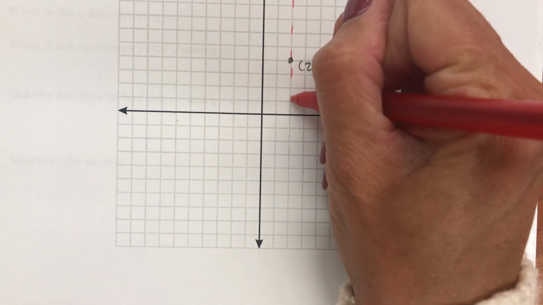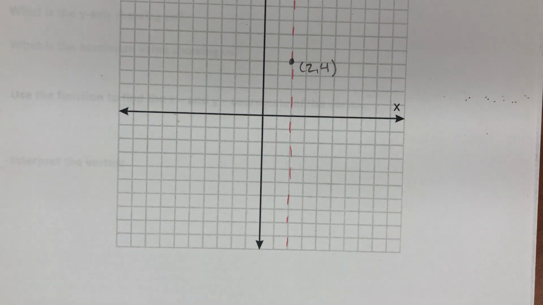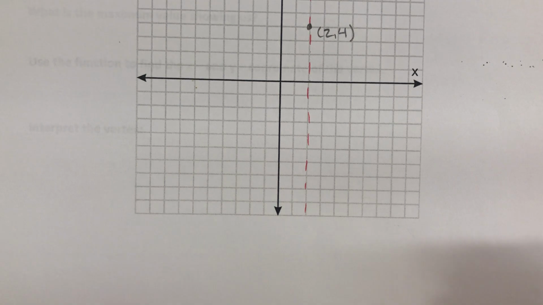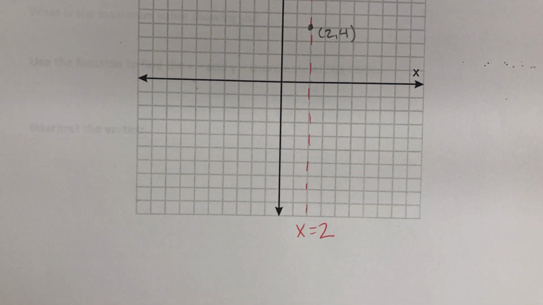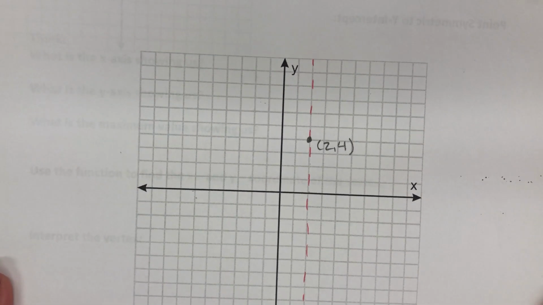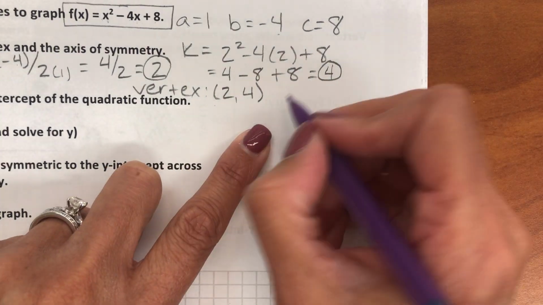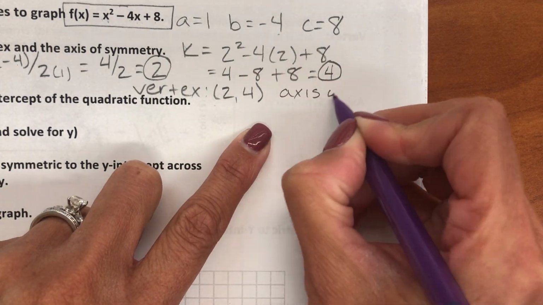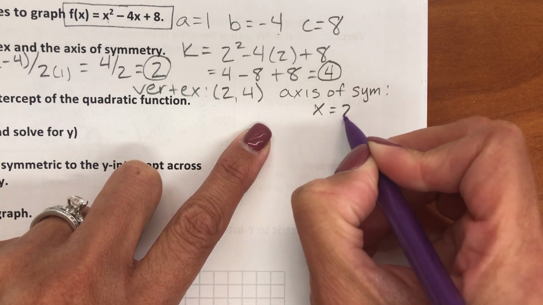That's right down that point there. And this is x equals 2. That's my axis of symmetry, x equals 2. Okay, so I found my vertex (2, 4), and I found my axis of symmetry, x equals 2.